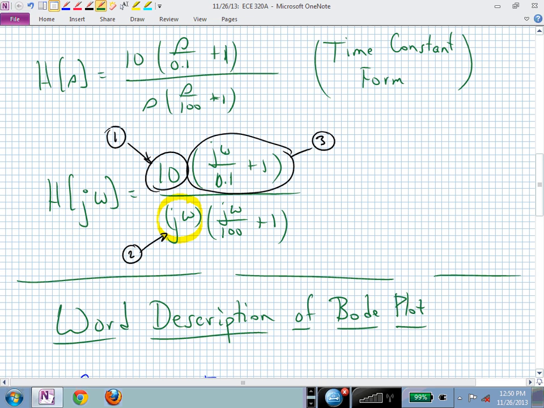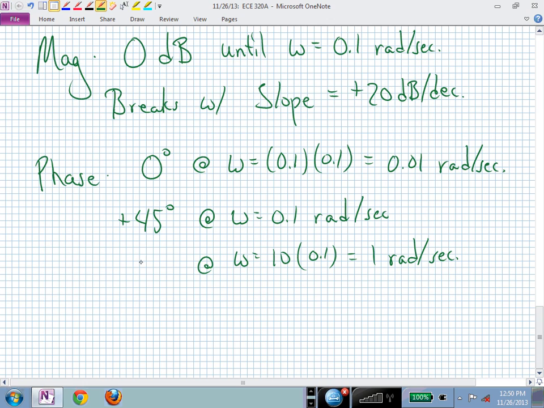If I'm standing at 0.1, which is pretty close to the imaginary axis, and now I look up the imaginary axis, what's my angle going to be from that point up? 90 degrees is as much as that particular term can contribute. So this is now going to be 90 degrees in our straight line approximation at 1 radian per second. And that's now my word description for the third term.